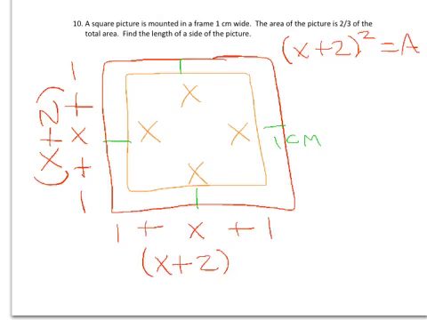So when I look at the picture, I'm going to have x squared equals a. But not just any a. I want x squared to be equal to 2/3 of the overall area of the picture frame.